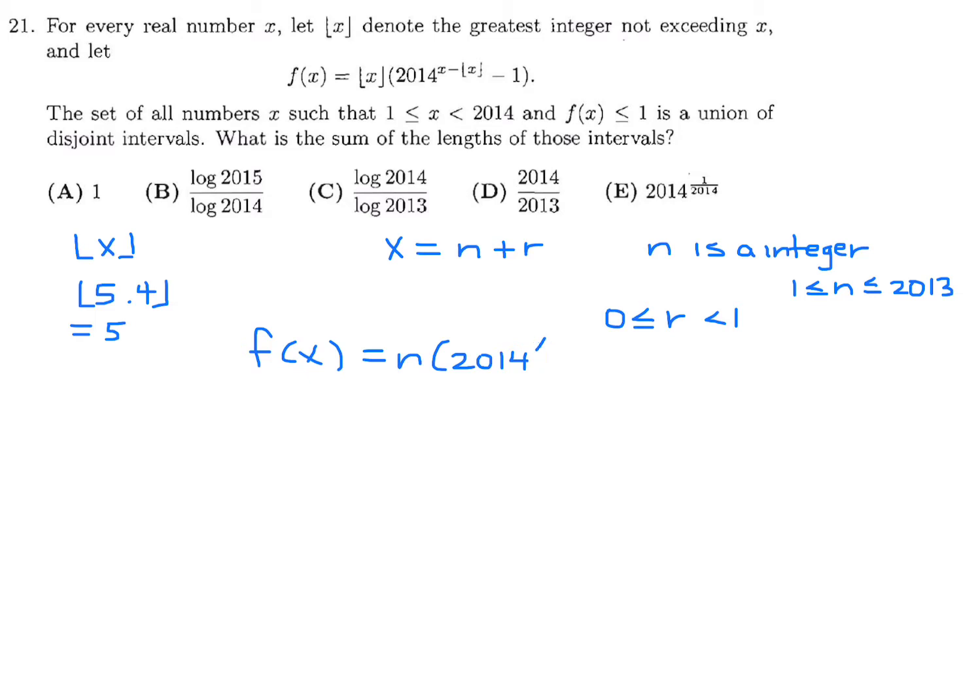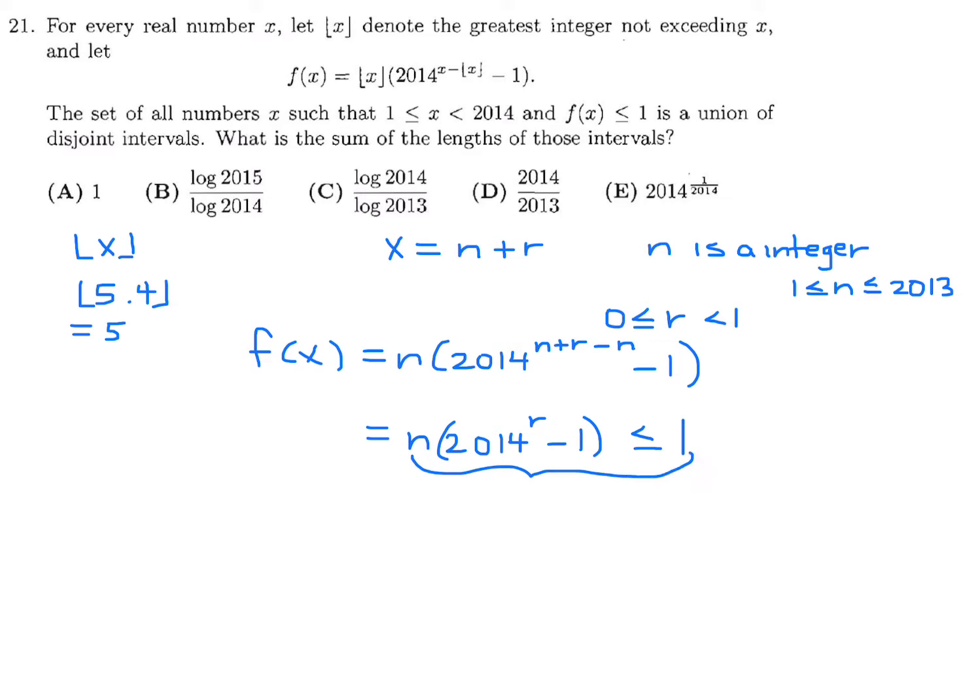Well, x is n plus r, so let me put in n plus r, minus the integer part of x, which is just n, and then subtract that from 1. So this becomes just n times 2014 to the power of r, minus 1. That's it. And we are told that we want this to be less than or equal to 1.